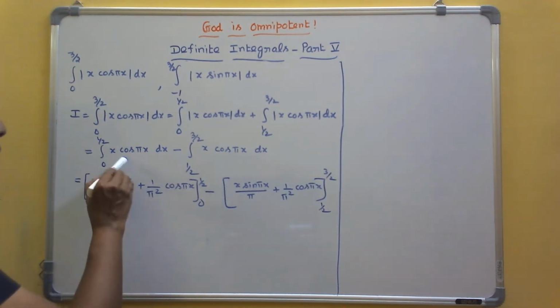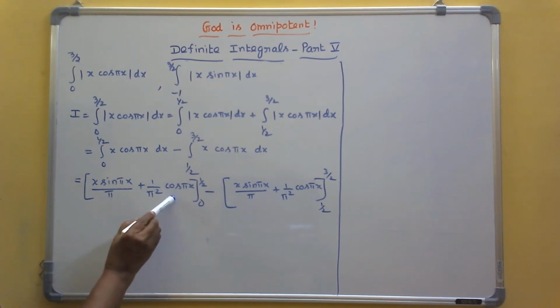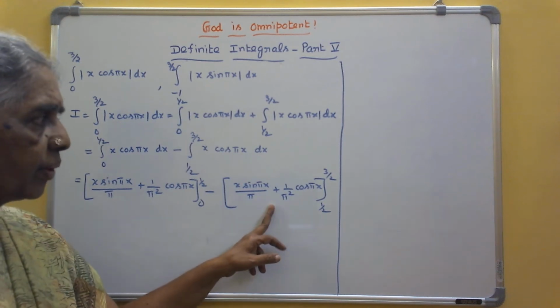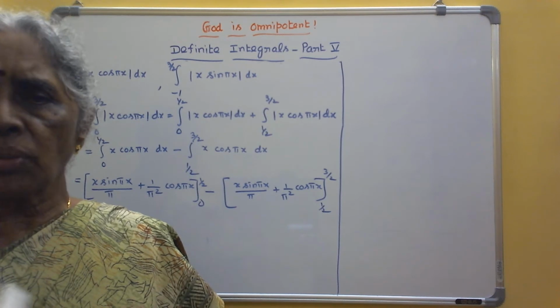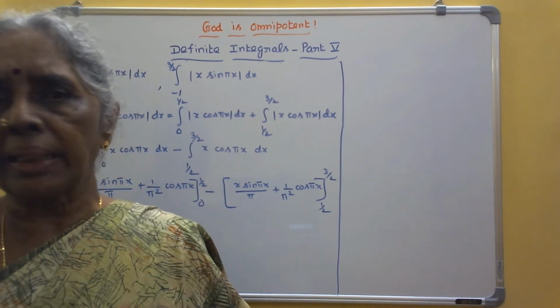So now we have integrated this, and that result for the first integral will be within the limits 0 to half. The same result here within the limits half to 3 by 2. So now we have to just apply upper limit minus lower limit for each term. Let us do it carefully.